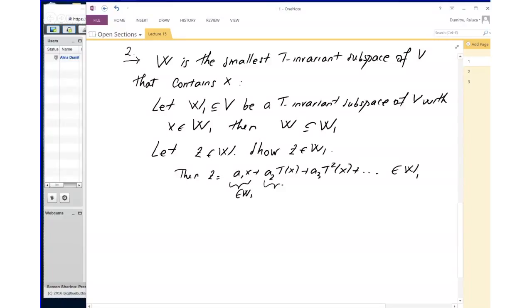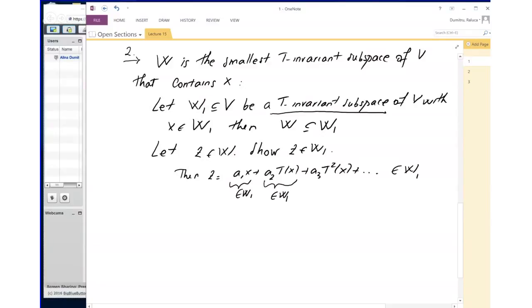What about this? Is T of x an element of W1? What guarantees that? This thing here. Isn't W1 T invariant? Yeah, so T of anything in W1, in particular T of x, belongs to W1. So then again, W1 is a subspace, so even a scalar multiple of T of x is in W1.